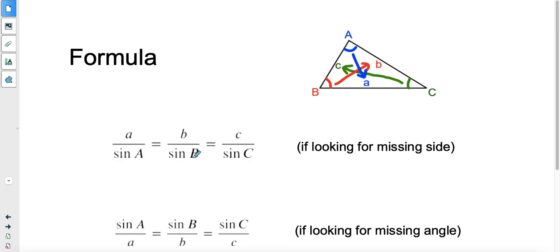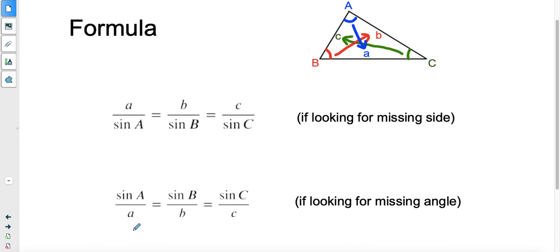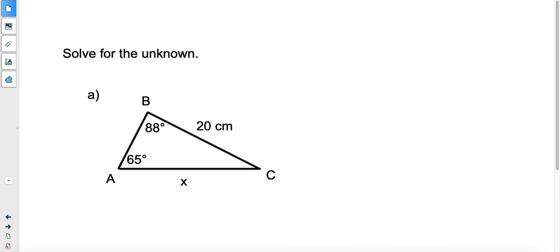If you're looking for the missing side of a triangle, you can use this formula. If you're looking for the missing angle, you can use this formula at the bottom. These formulas just represent two different ways of writing the sine law. Let's try some examples.